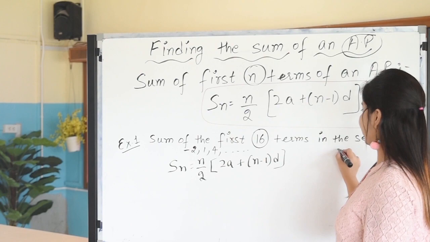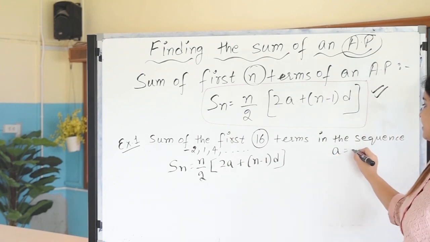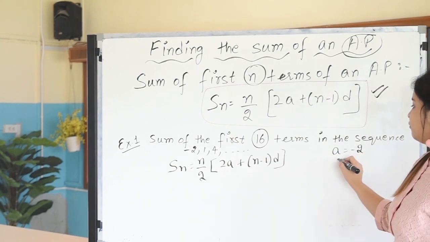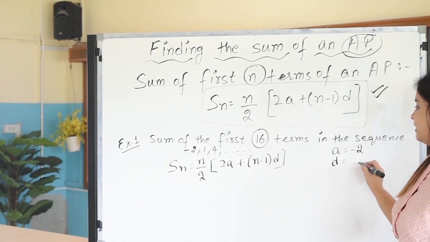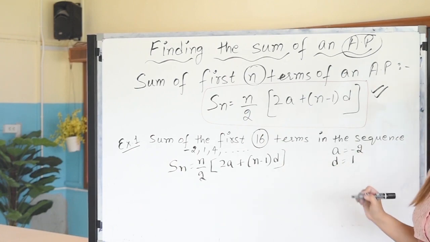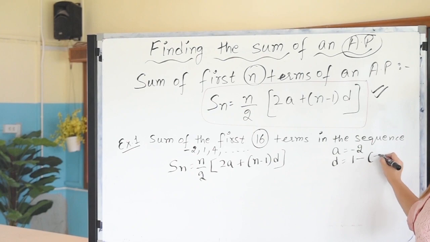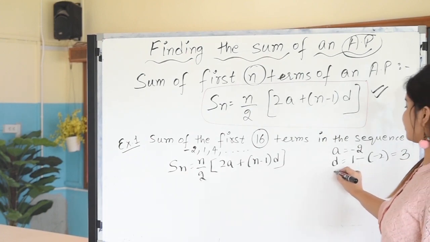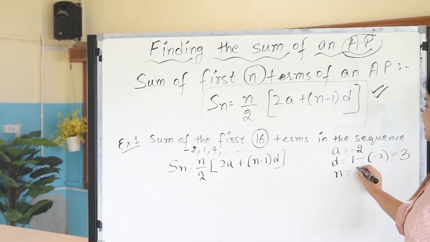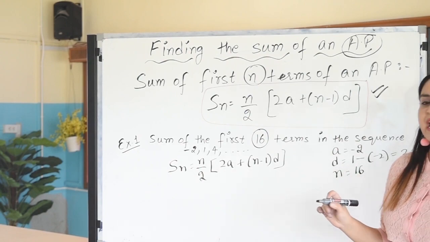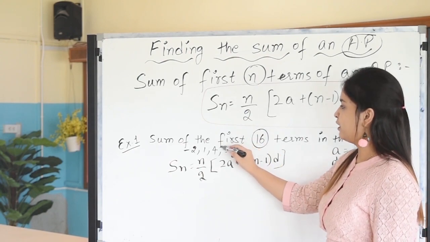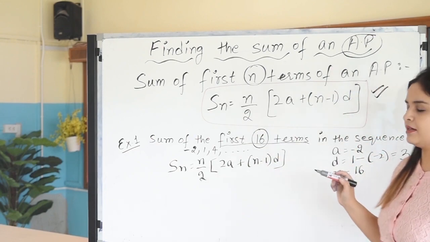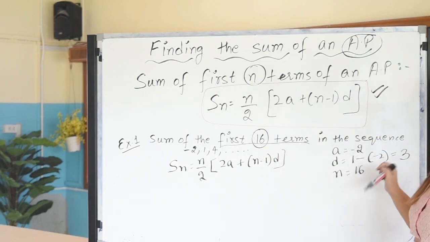Now, what is my a? a is -2. What is my d? d is second term minus the first term, so this will become 1 plus 2, which is 3. And what is my n? n is 16 because I have to find the sum of first 16 terms.